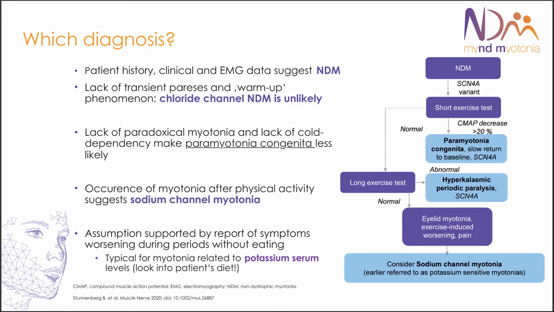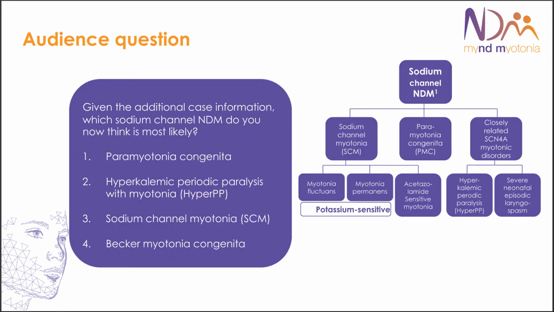There was no sign of hyperkalemic periodic paralysis because there was no periodic paralysis. But there was a clear-cut relation with physical exercise and probably with potassium serum level, indicating that it may be potassium-sensitive myotonia. So, given the additional case information, which sodium channel NDM do you now think is most likely?